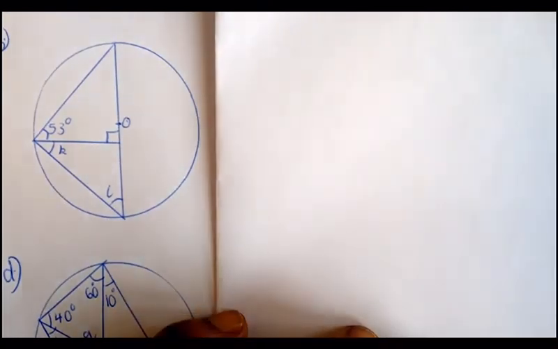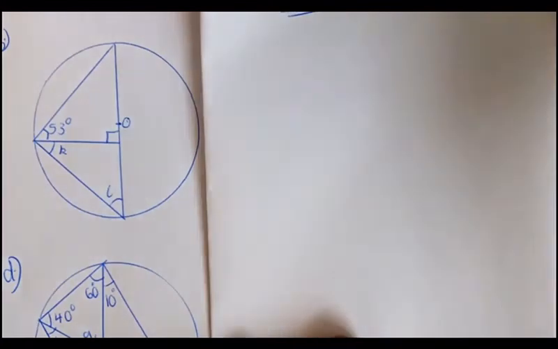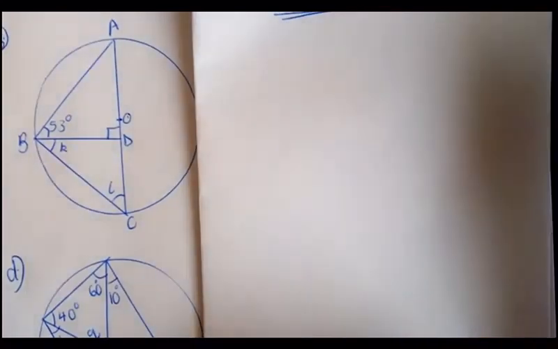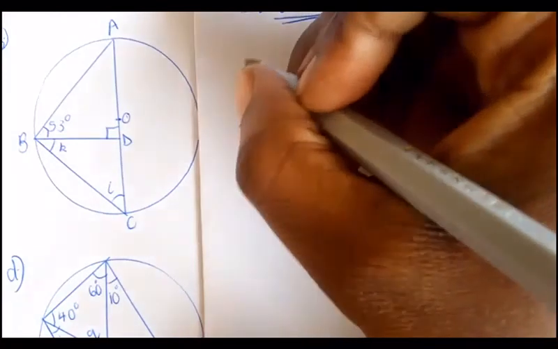Solution for part B. The first thing that we do, we name the points. We can name the points A, B, C, and D. After naming the points, we can write the angles that we are given.